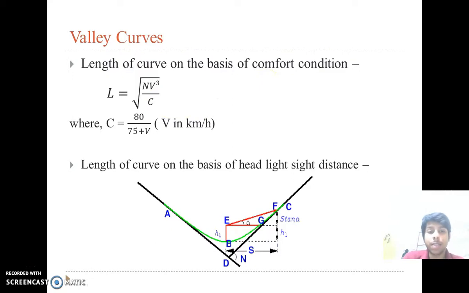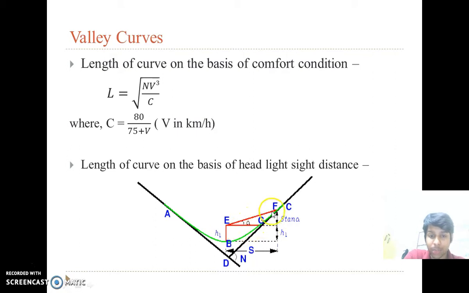Now let's come to the case where we are designing the length of curve on the basis of headlight sight distance. So this is our vehicle having headlight at height h1 from the road. This is its horizontal line, and the beam of light is at angle equal to alpha.